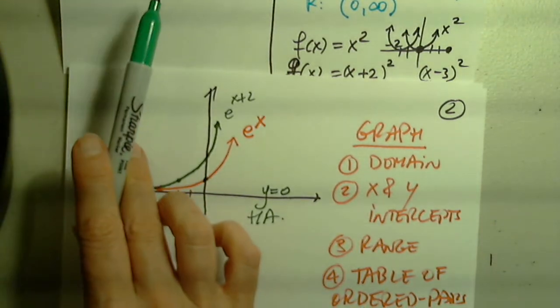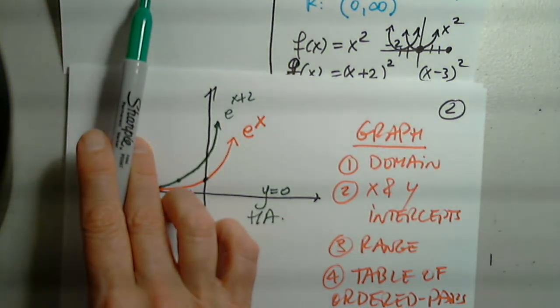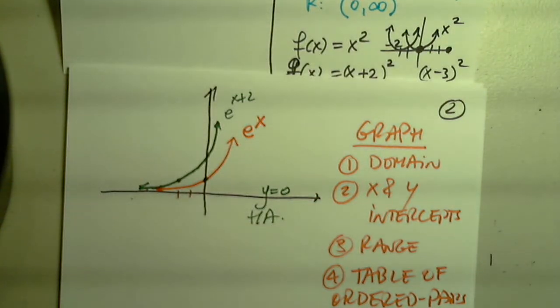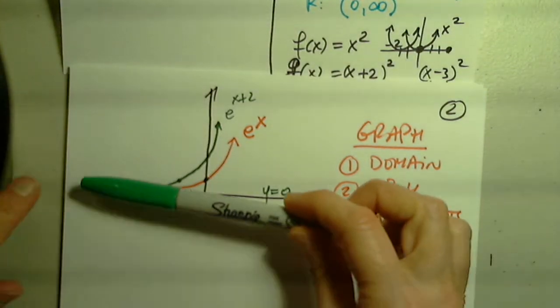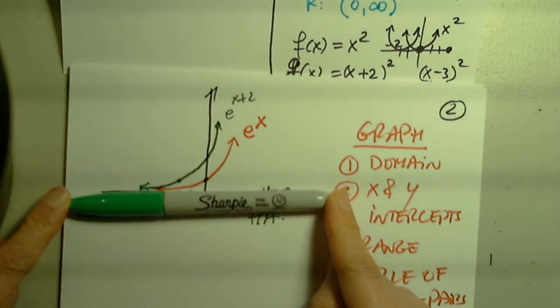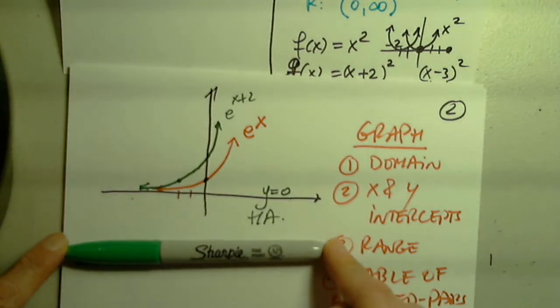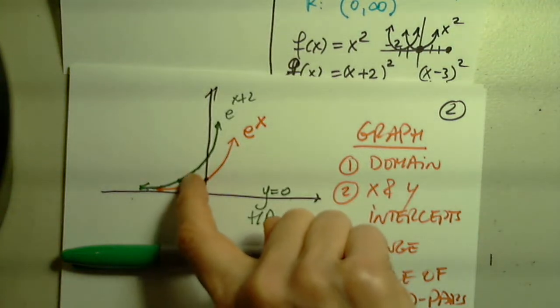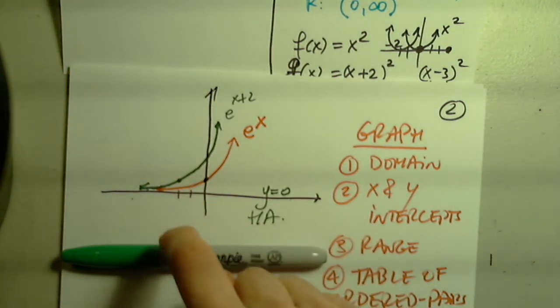Now, when I have to shift down 3, first I have to shift the horizontal asymptote 3 units down. And then I will take this point and move it 3 units down.